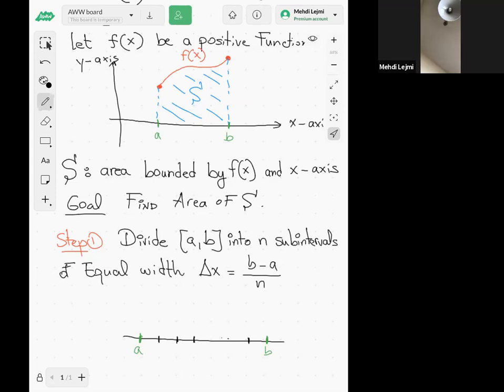I'm going to call this A here x0. The next point I'm going to call x1. The next point is x2, x3, etc. And B would be my x subscript n.